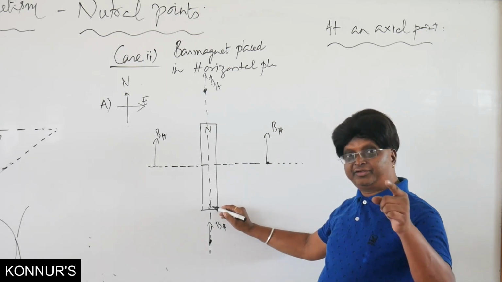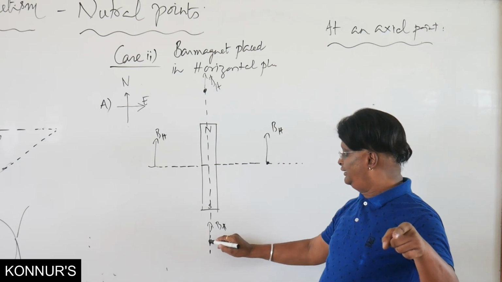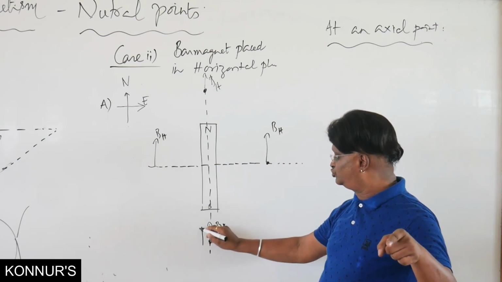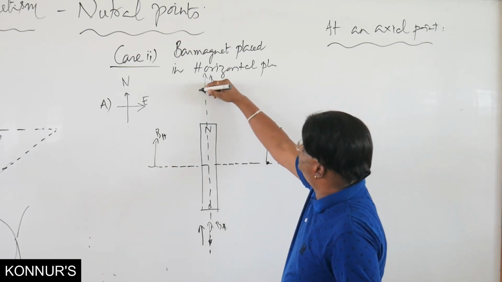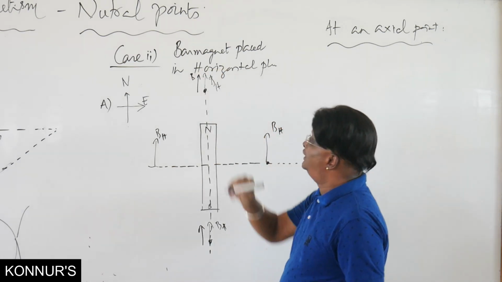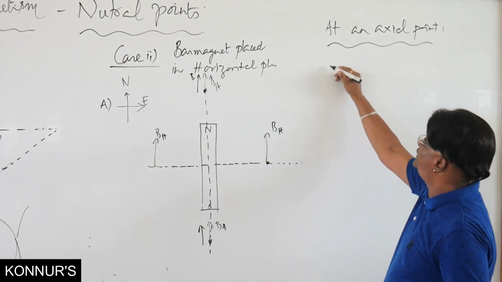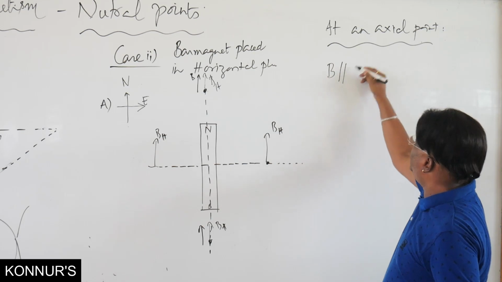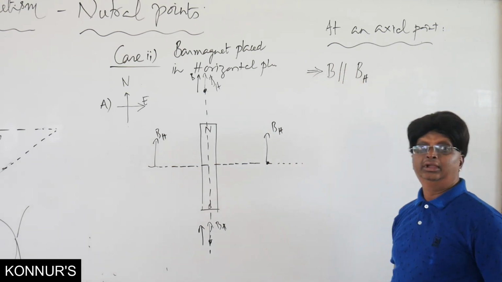In the case of an axial point, it is nearer to south, therefore B is along the axial line from south pole to north pole. Therefore, your figure shows that at an axial point, B due to the magnet is parallel to BH. This is the first condition.